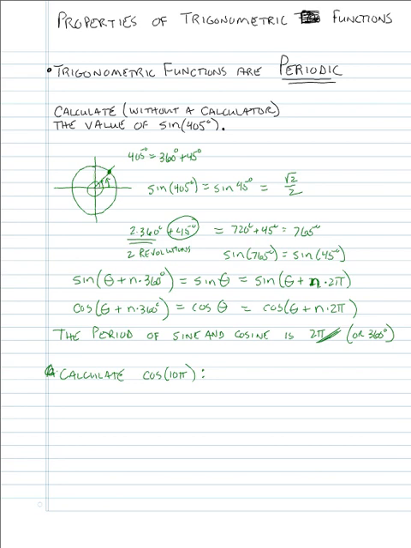Use the fact that cosine is periodic. That's probably what it will say, and that's probably not the way I would approach this problem.